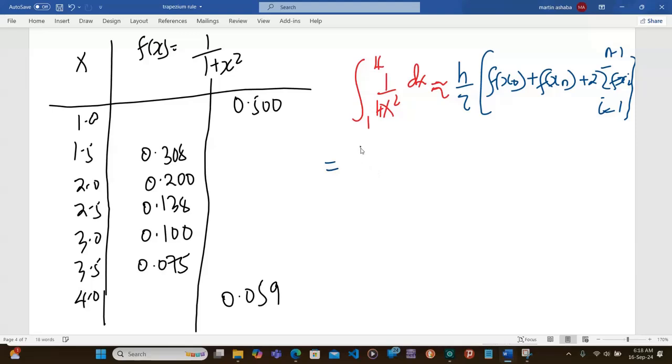This is h, which is 0.5 divided by 2, into f of x naught, which is 0.5, plus 0.059, then plus 2 into the sum of this. So the sum of that is 0.308 plus 0.200 plus 0.138 plus 0.1 plus 0.075.